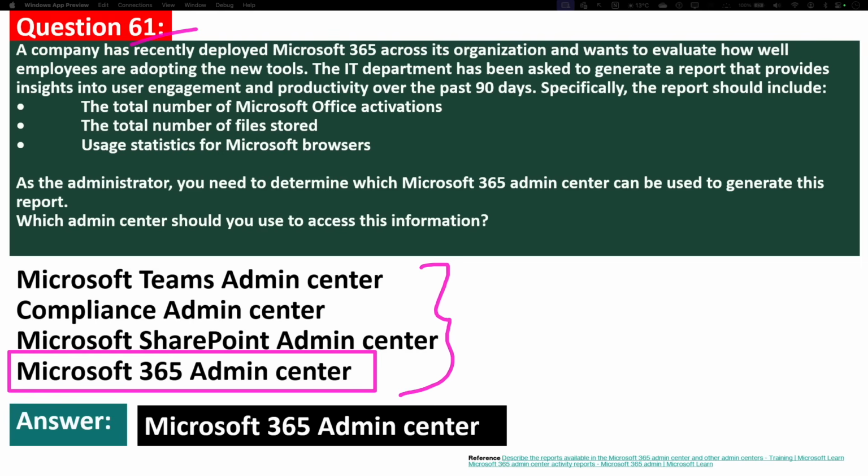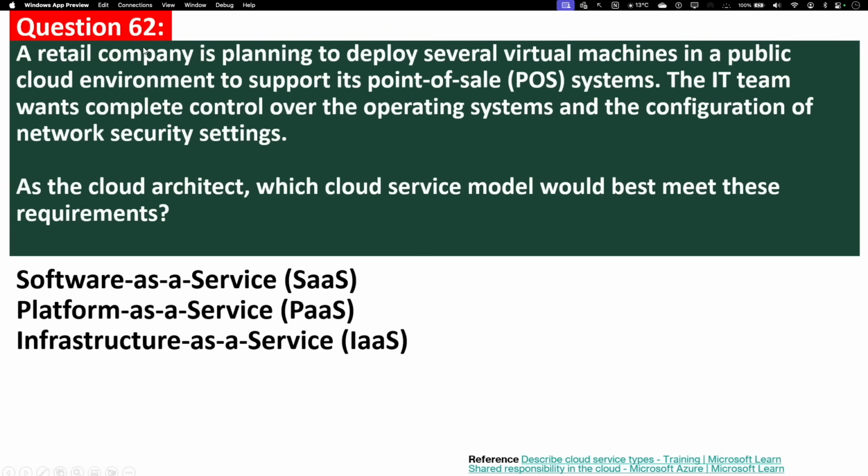Some of the key benefits of the Microsoft 365 admin portal: it gives you a centralized management portal where you can manage all Microsoft 365 services from one place. User and license control: this is where you can easily add users, assign roles, and manage subscriptions. And it gives you reports and insights where you can view usage reports to understand how tools are being used and where improvements can be made.